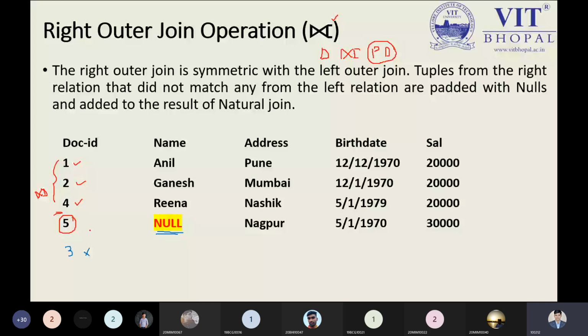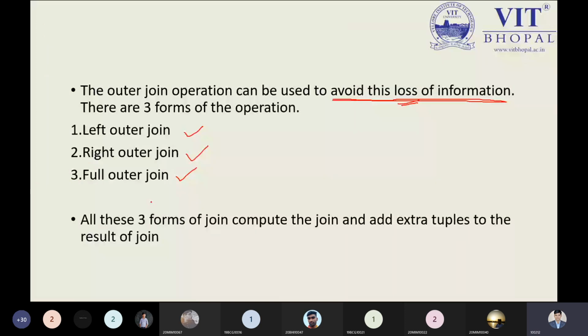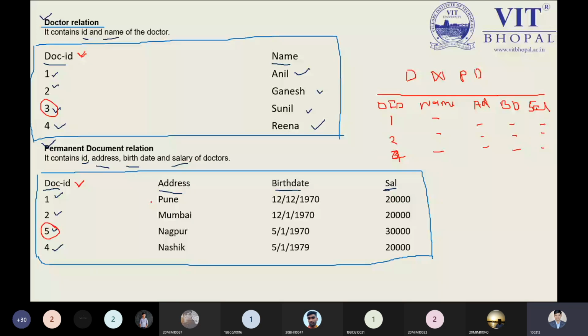But if you remember the permanent document relation, the name attribute does not exist over here. So what do we have to write? We have to write null in such a part only.